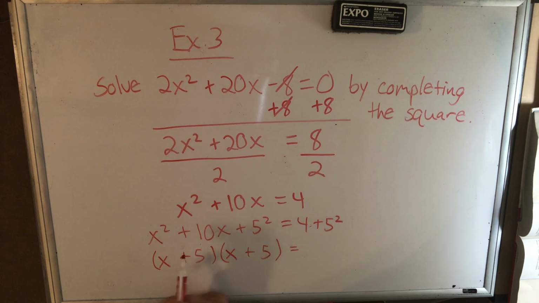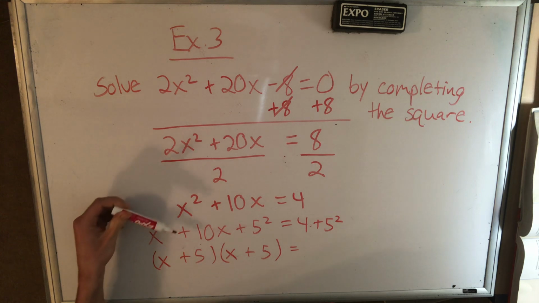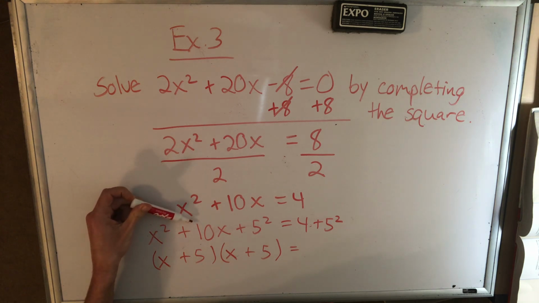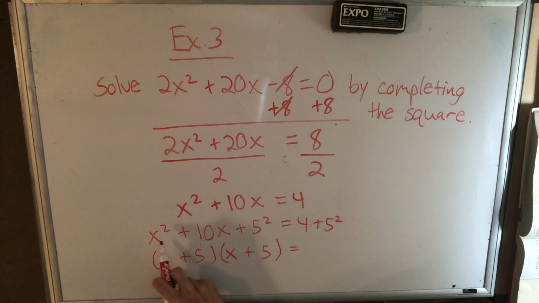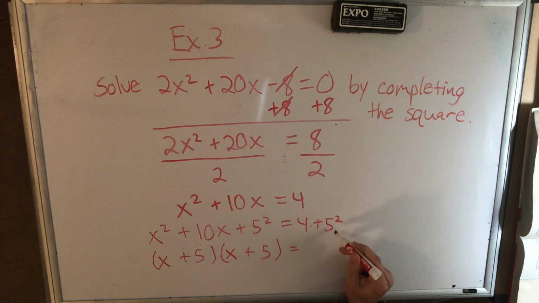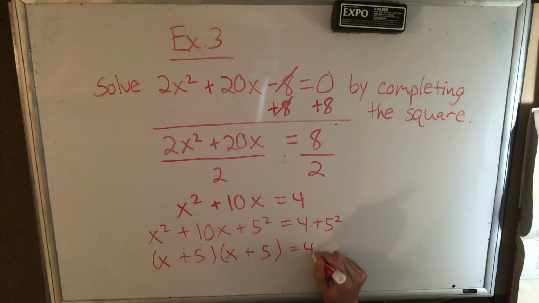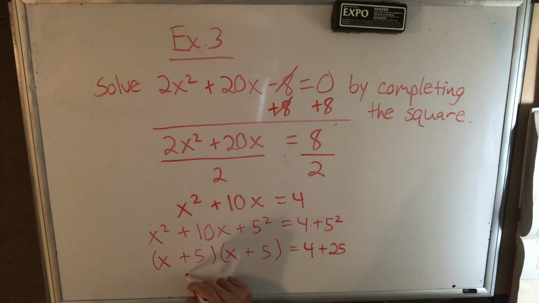Or you can think of it as you put half of the coefficient of the variable term at the end of each of the parentheses, because half of 10 is 5. And then we have 4 plus 25, and we have 2 x plus 5's multiplied together, so that's x plus 5 to the second power equals 29.